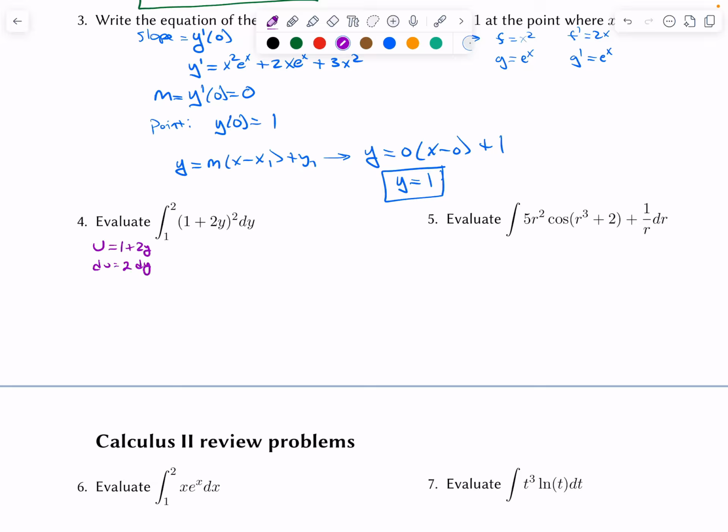So the way I like to do this is I like to rewrite this so that this is going to be the integral of (1 plus 2y) squared times 2 dy, and then I'll put a 1/2 out here. I'm going to drop the limits because it just is complicated when you do u substitution.